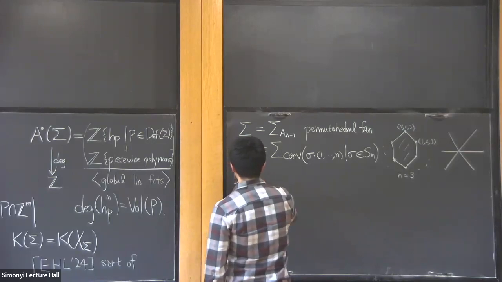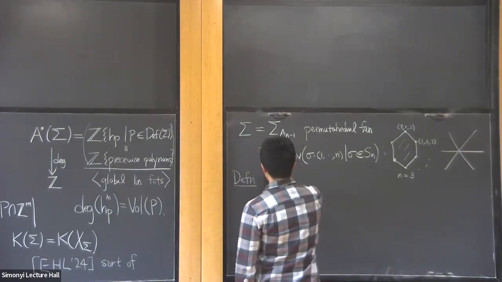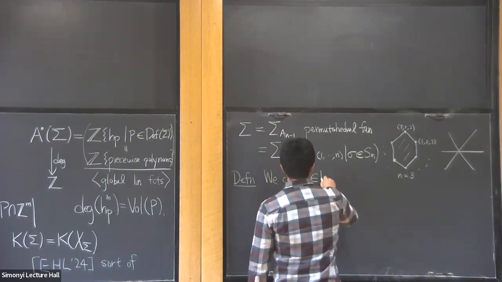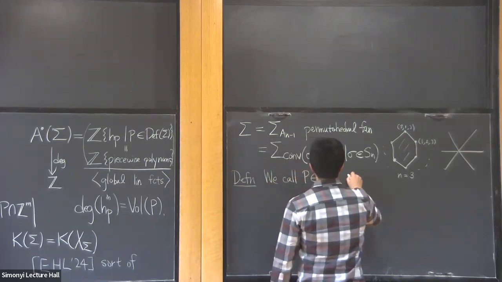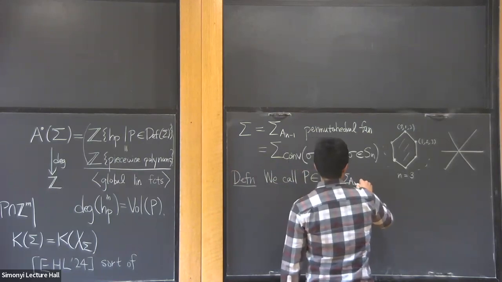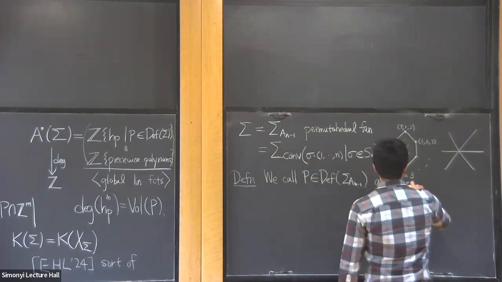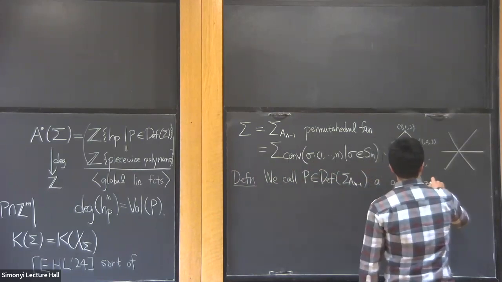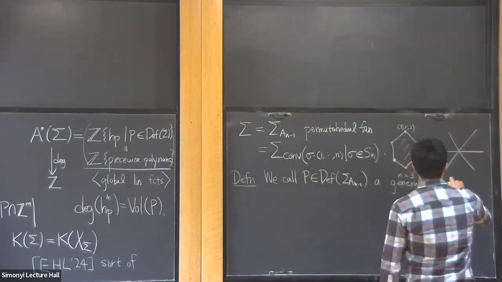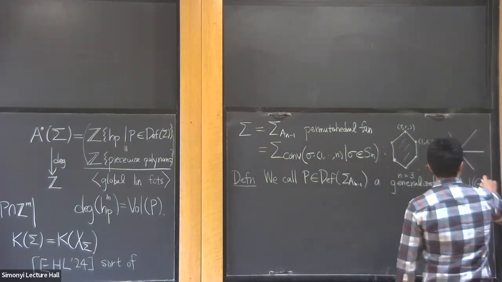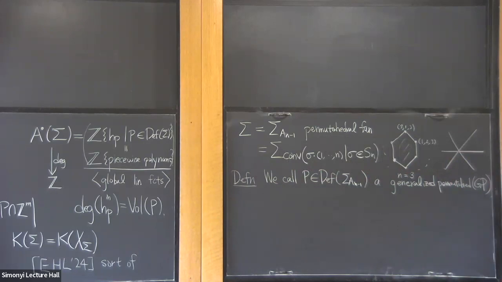And here's a terminology. We call a deformation of a permutahedral fan a generalized permutahedra. I'll abbreviate that as GP.